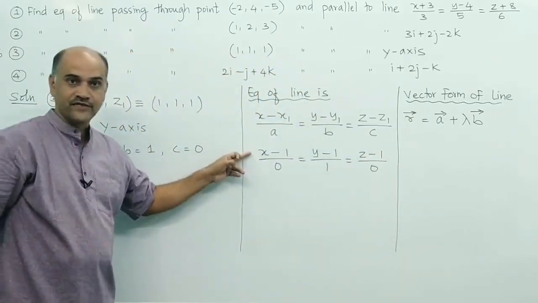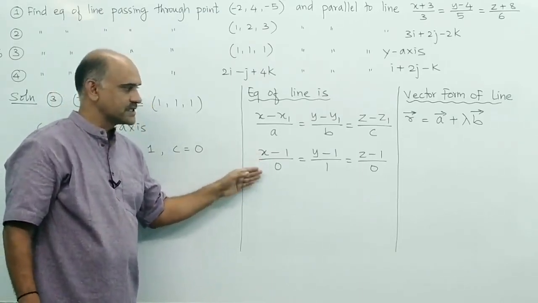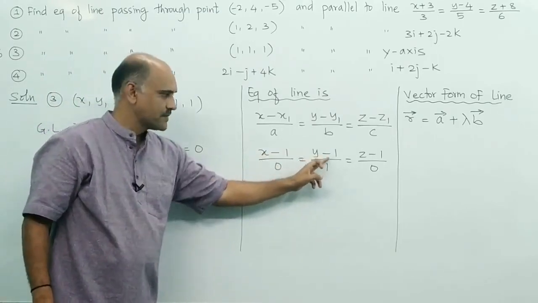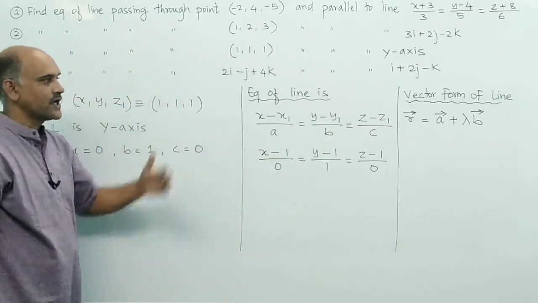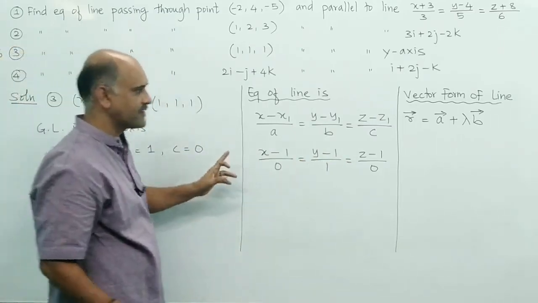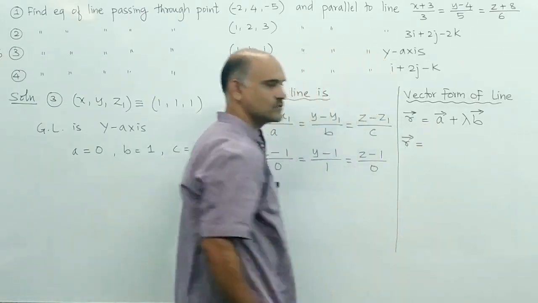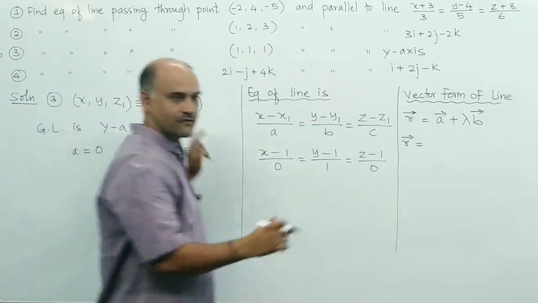Don't think of it as infinity; anything divided by infinity, you don't think in that form. It is the equation of a line in 3D: (x minus 1)/0 = (y minus 1)/1 = (z minus 1)/0. Again, write the vector form. So r = a, where a denotes x1, y1, z1, so 1, 1, 1.